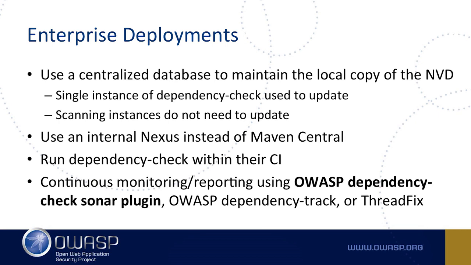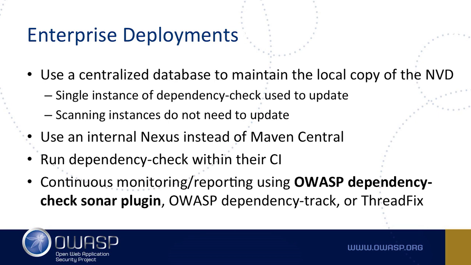Again, if you have Nexus running internally, by default, when Dependency-Check sees a jar file, it will ping out to Maven Central to see if that jar, EAR, or WAR file exists in Central. And it may pull back the POM if it doesn't have one, to extract some additional information from it.